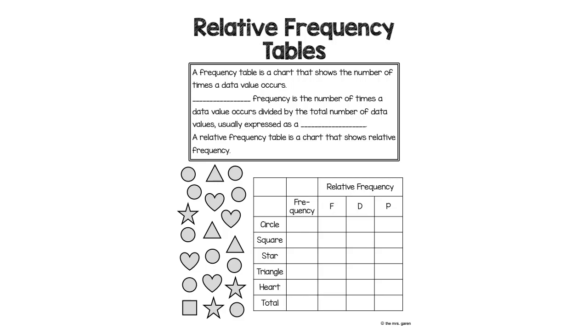All right, now what we have here is called a relative frequency table. A frequency table is a chart that shows the number of times a data value occurs. So it's a way to organize our data in order to graph it.